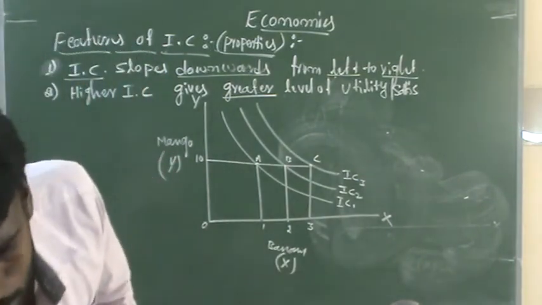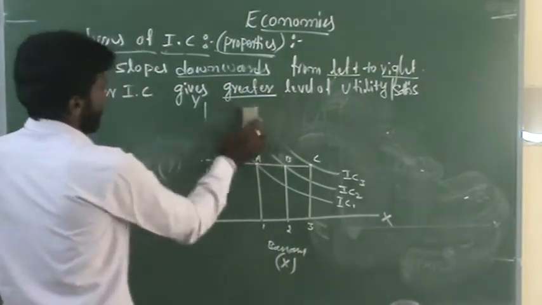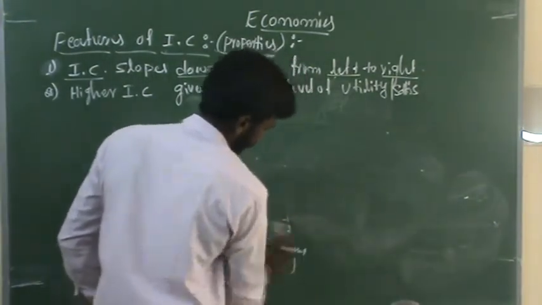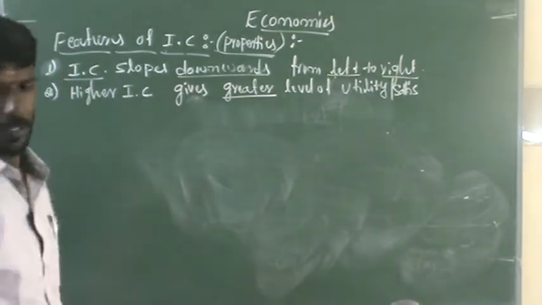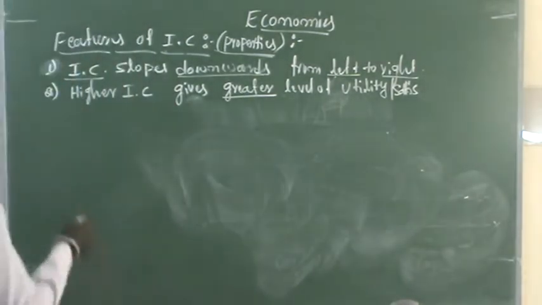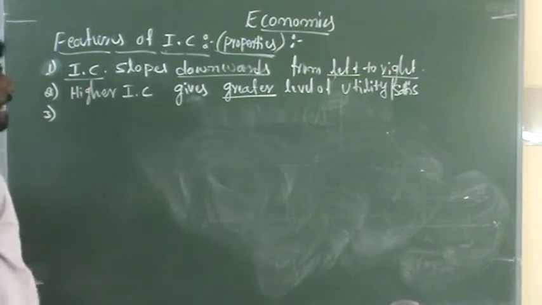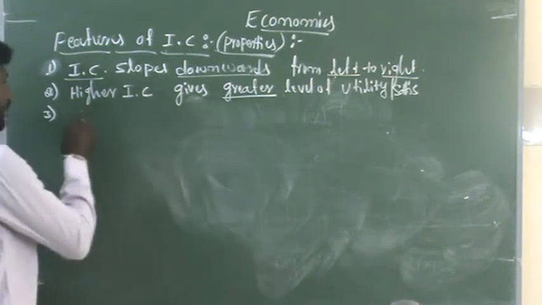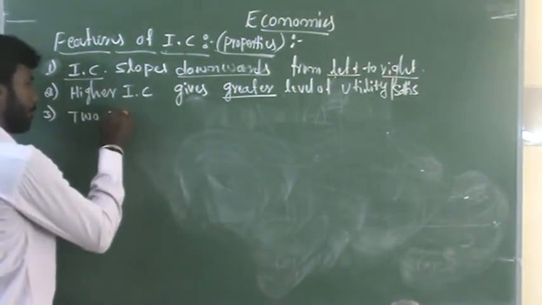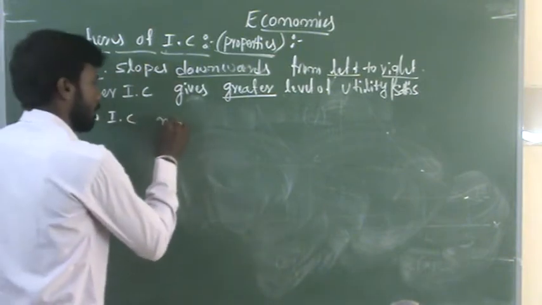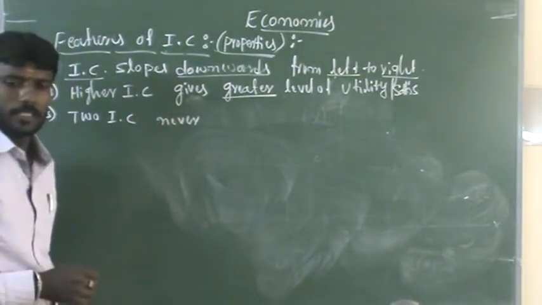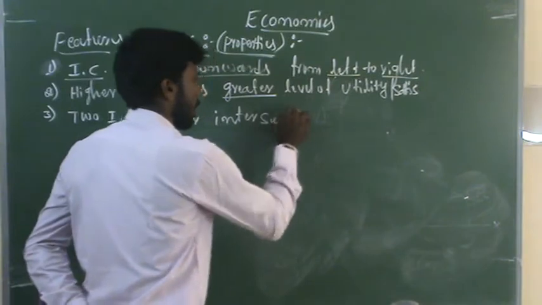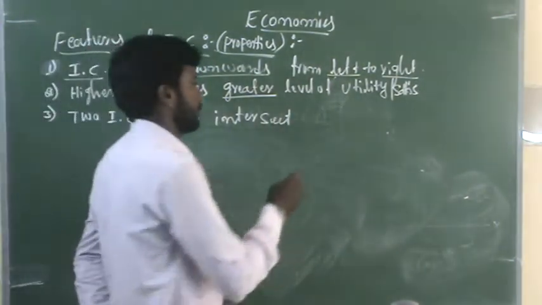Now coming to the third one. Yes. The third important feature, characteristic or property of the indifference curve is that two indifference curves never intersect each other.